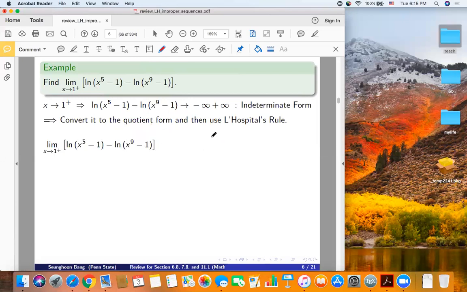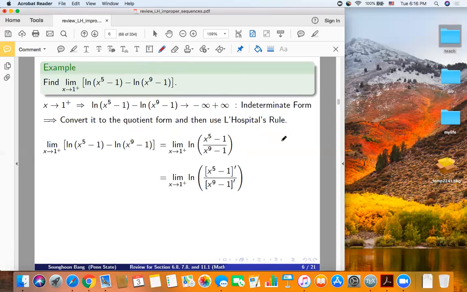This is the idea. So this difference is going to this fraction, limit of ln of x to the 5 minus 1 over x to the 9 minus 1. You can plug 1 into x. What's that? 1 to the 5 minus 1 over 1 to the 9 minus 1 is 0 over 0 form.